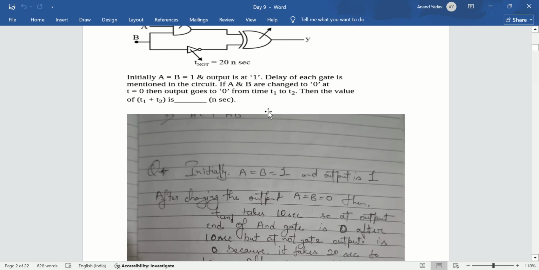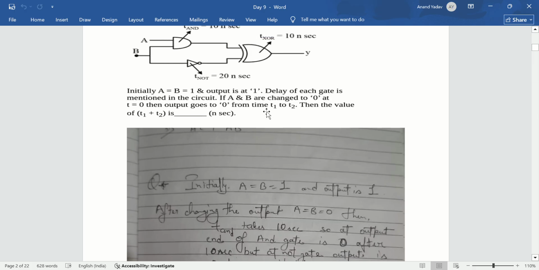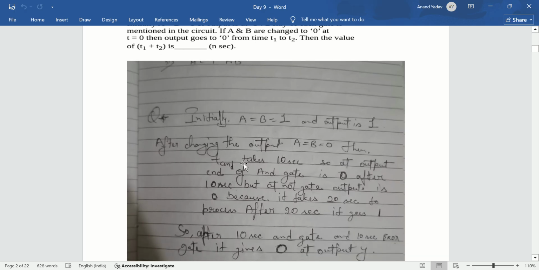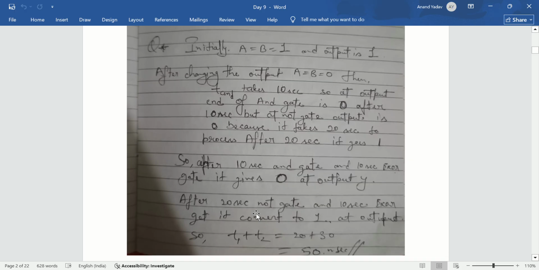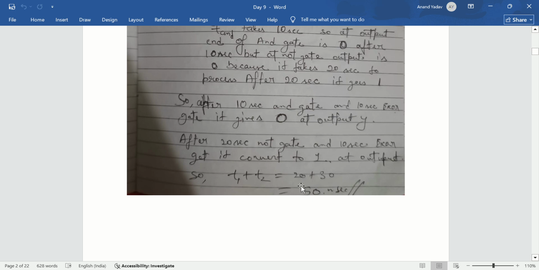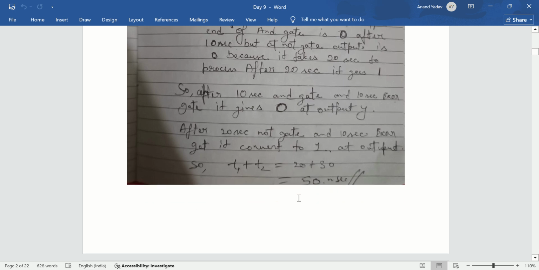So it will ask for the time t1 when it gives 0, and up to what time, that is, till t2. So it will start from t1, 20 nanoseconds, to t2, 30 nanoseconds. It will show 0. I will explain here, you will also read this. So from 20 to 30 nanoseconds it will show 0, so total 50 nanoseconds.